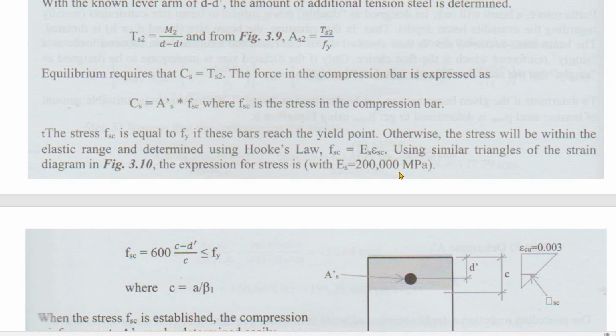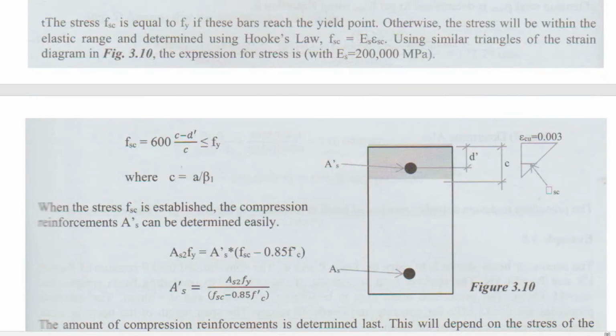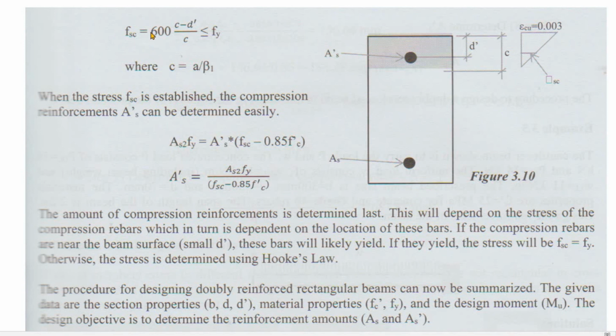Using similar triangles of the strain diagram, the expression for stress is, with ES, the elasticity of steel, equal to 200,000 megapascal, FSC is equal to 600 times (c minus d prime) all over c. This should be less than or equal to Fy, where c is equal to a all over beta 1.